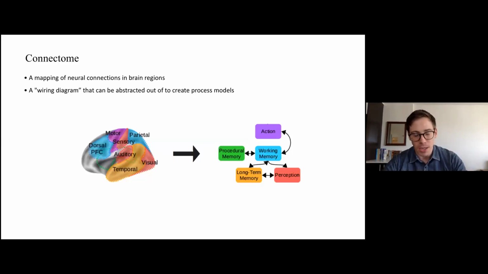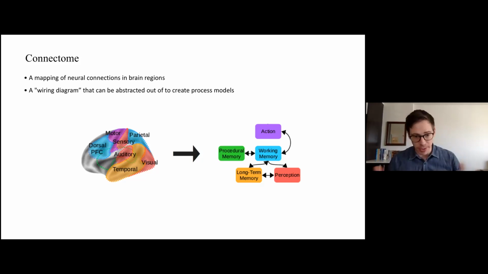So neuroscience was pivotal in terms of mapping the neural connections in brain regions. We call these connectomes, sort of a wiring diagram of how all the different regions in the brain connected and process information between each other. And there's no single region that does one thing.